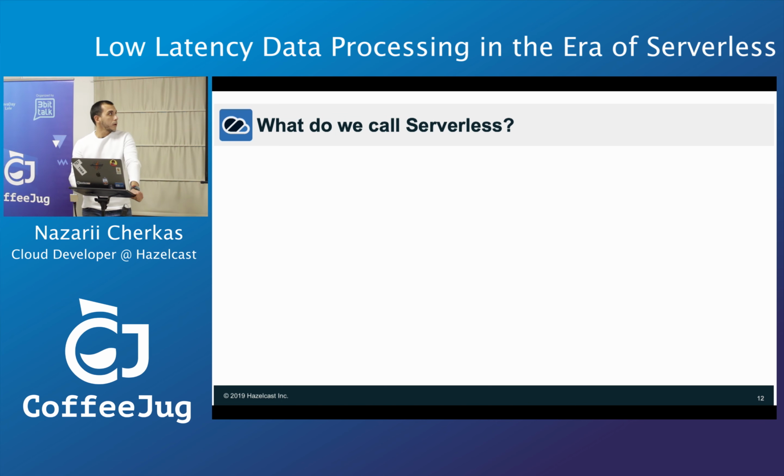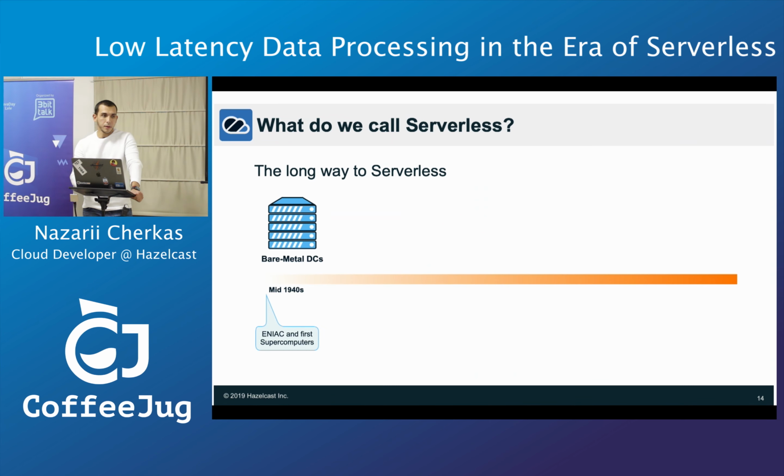So how did it historically develop, and how did we get to this point where everyone is talking about serverless? All that started in the mid-1940s, a long time ago, with the first supercomputers like ENIAC that were used by militaries to do some artillery calculations.